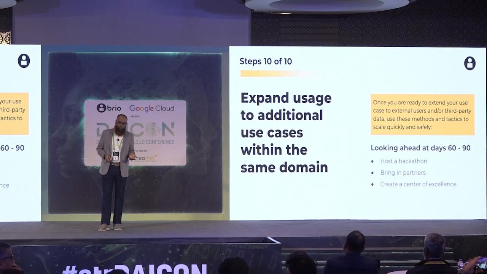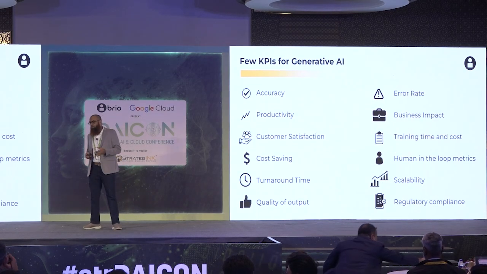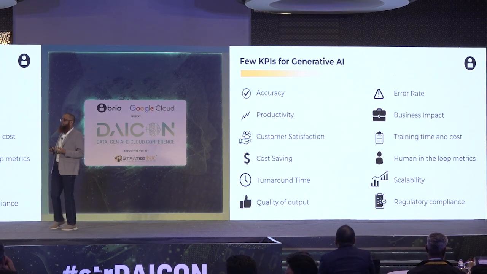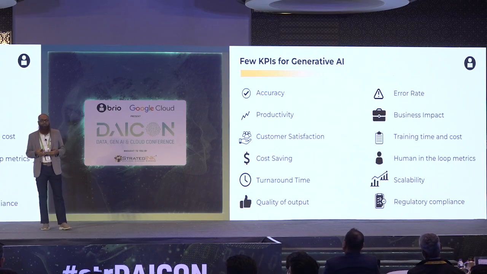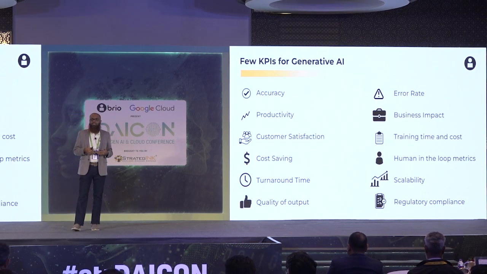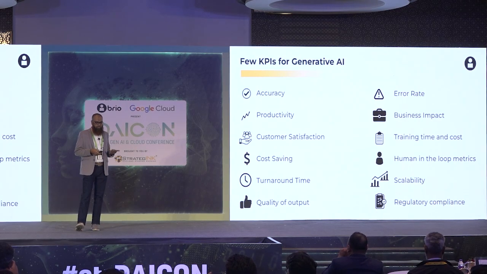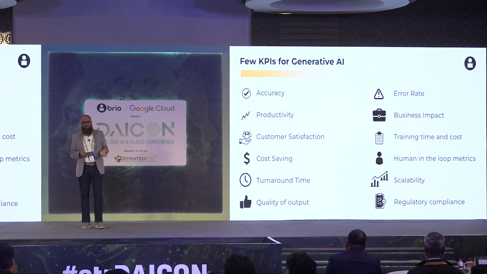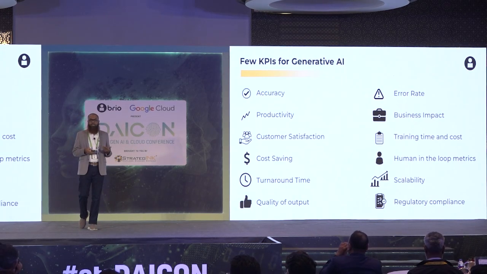Once you have done that, these are high-level KPIs which are really important to see whether your model is really giving that efficacy or not. Some of the KPIs could be around the error rate, accuracy, productivity.